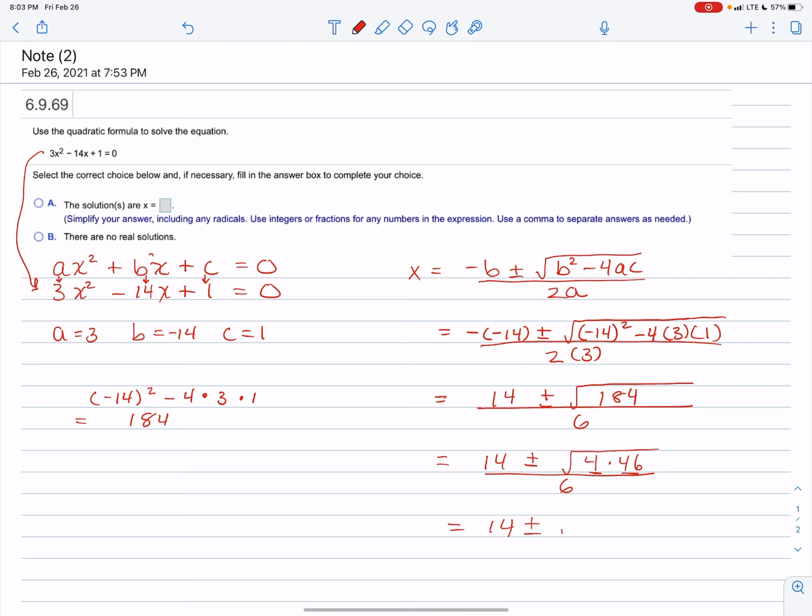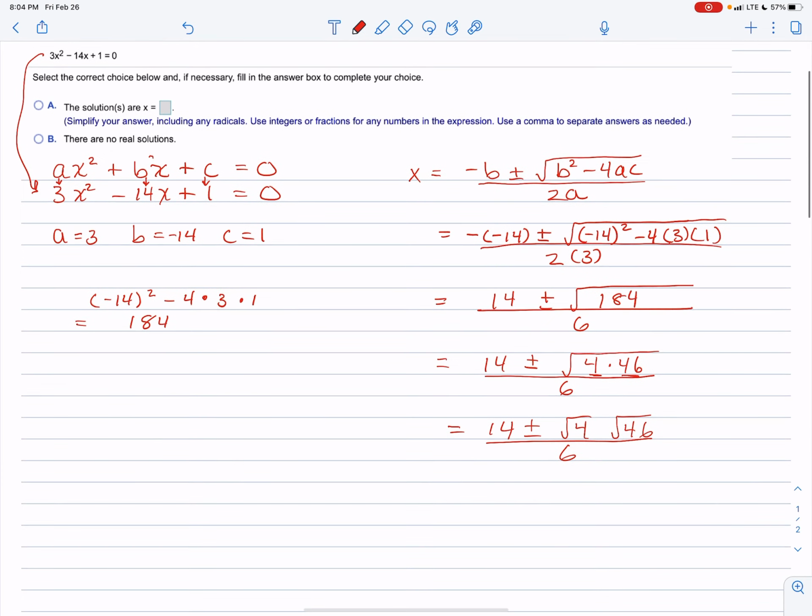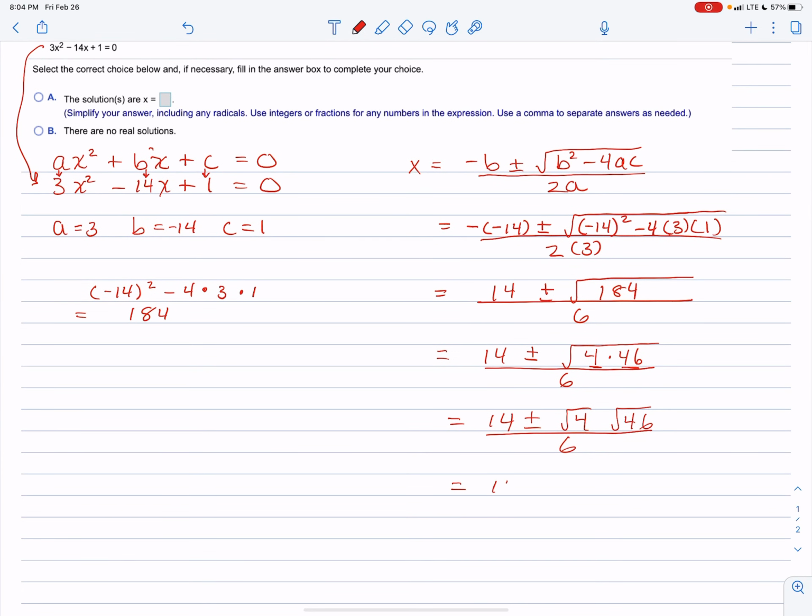We can write it as separate square root factors. So square root of 4 times the square root of 46, all over 6. Well, I know the square root of 4 is just 2, all over 6.